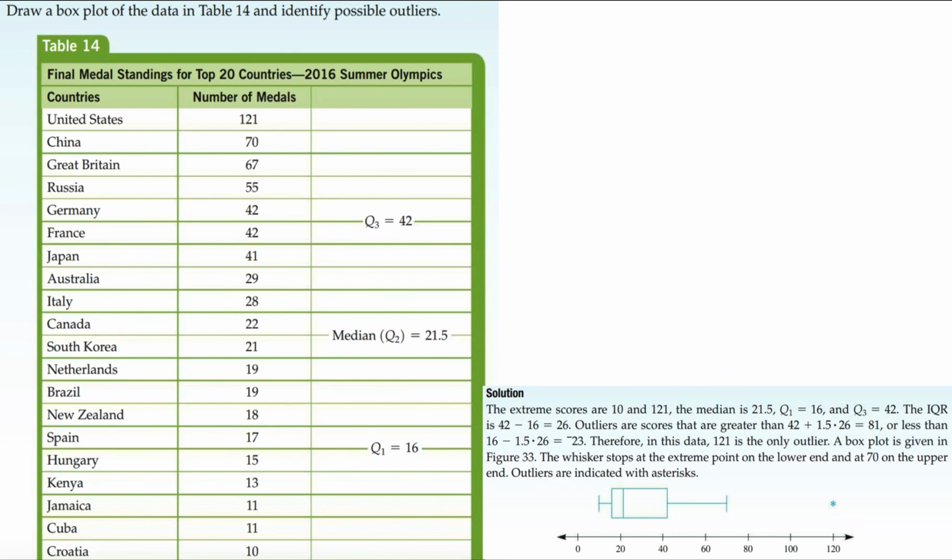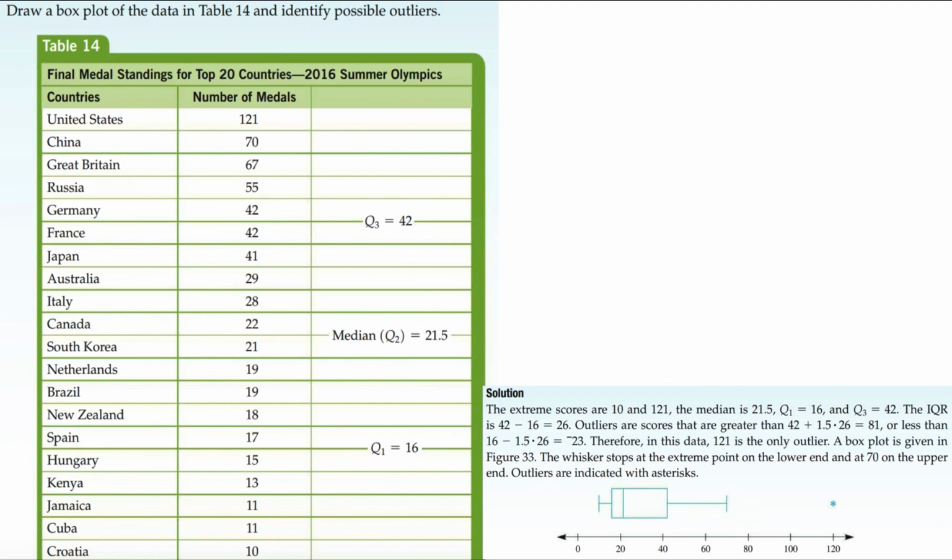In United States, we had 121. That is the maximum. So we have two numbers. We need 3 more. The median is 21.5 because that's right in the middle. This is in the descending order. From the bottom, it's ascending order to the top.